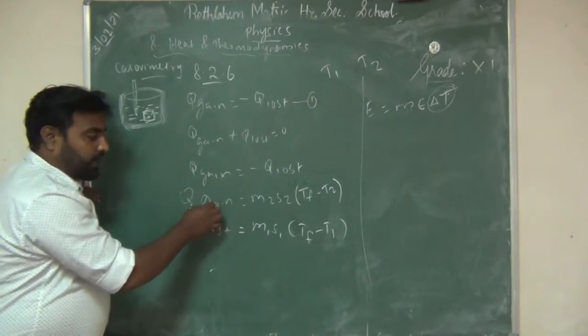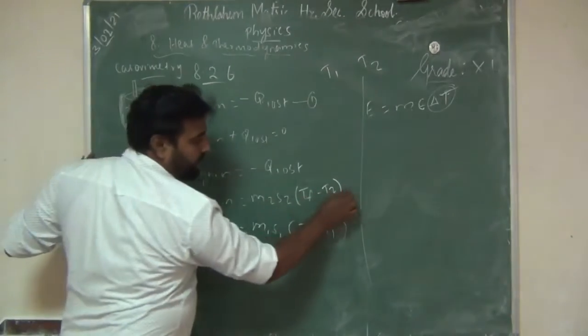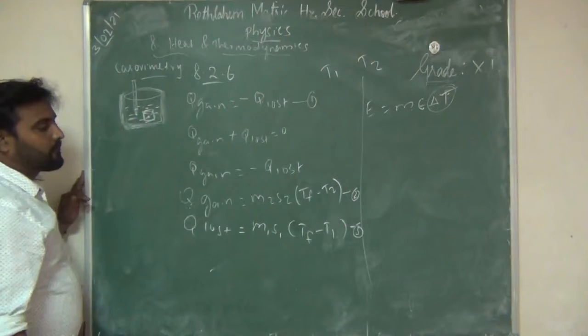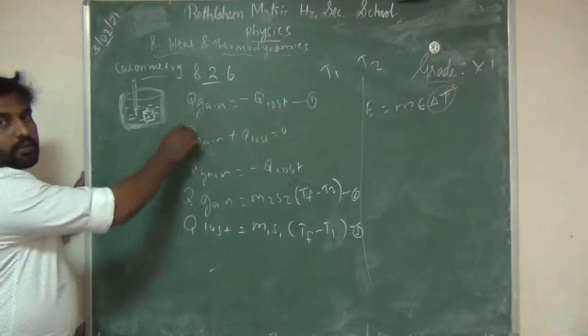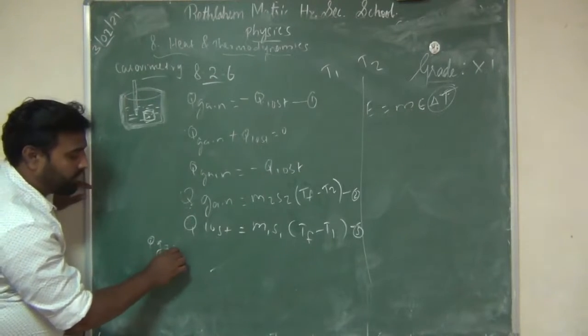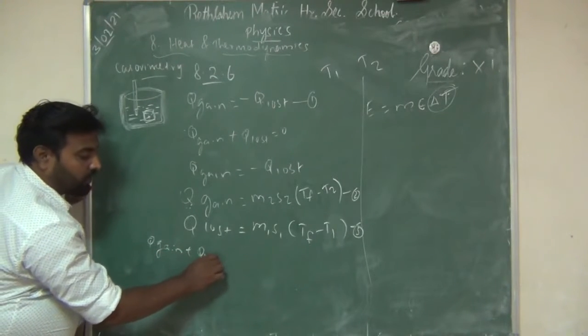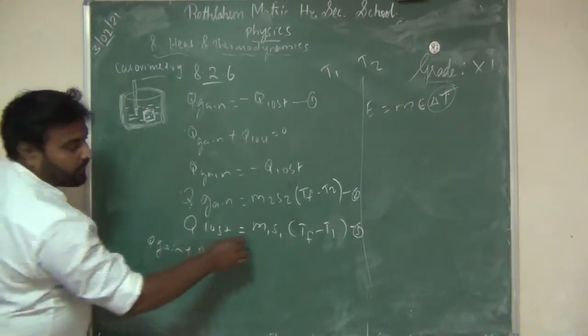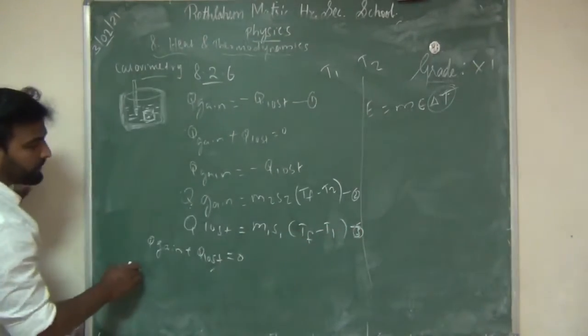So this formula we can keep as equation 2, and this equation as equation 3. Now according to this, Q gain plus Q lost is equal to 0. So what happens with equations 2 and 3?